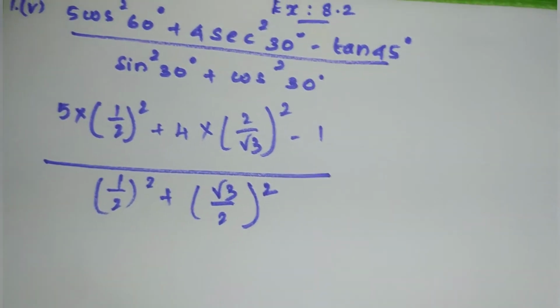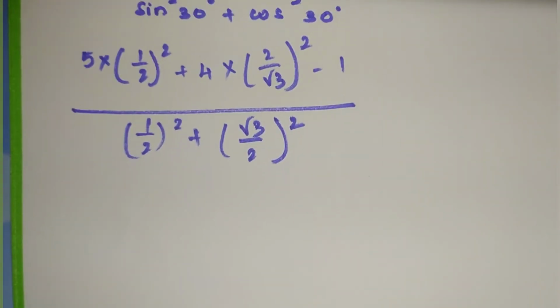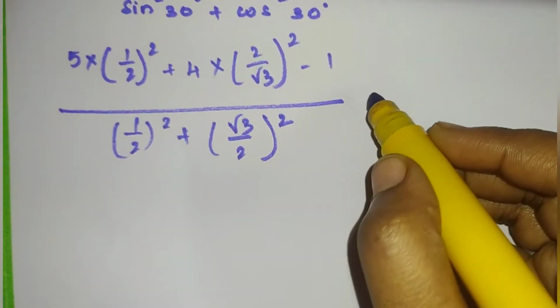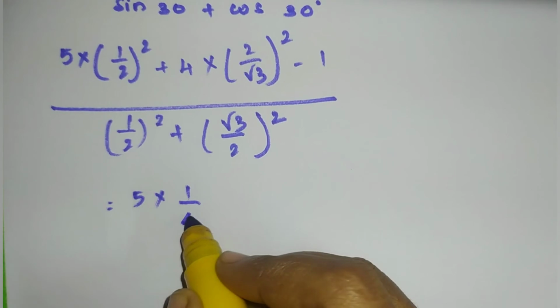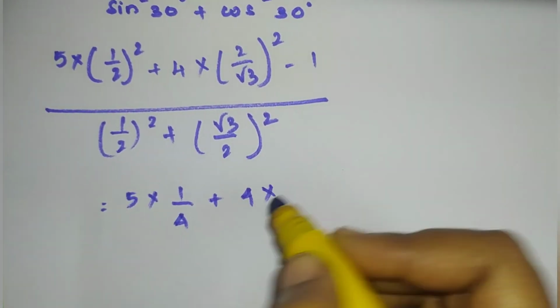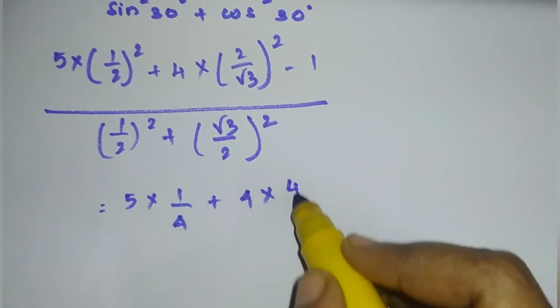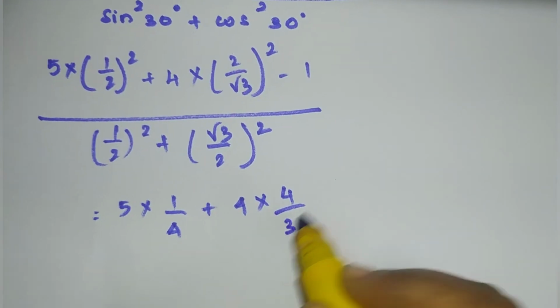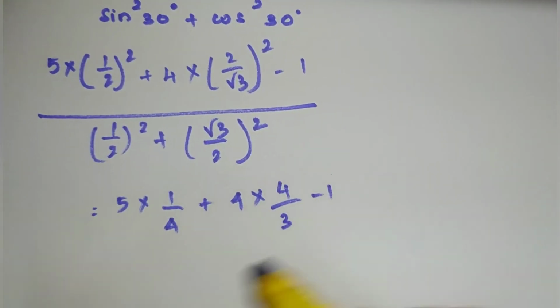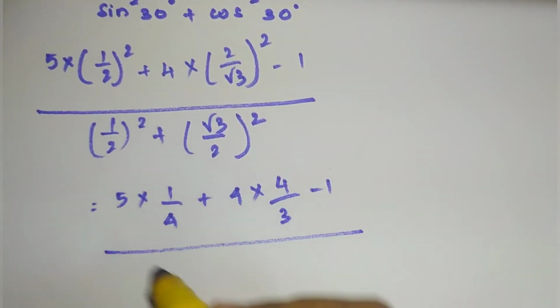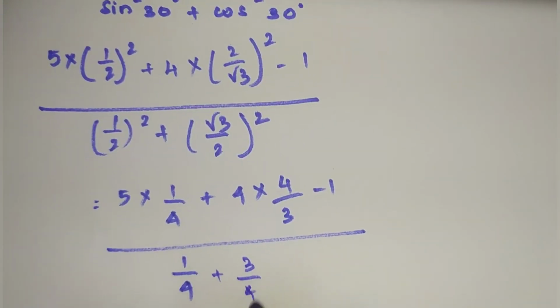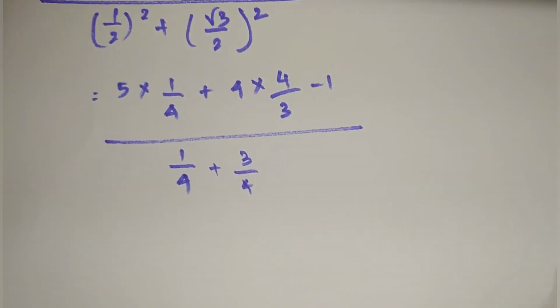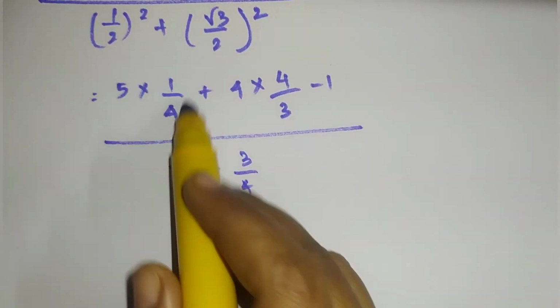First write the values and then simplify. First square this one. 5 into 1 by 4 plus 4 into 4 by 3 minus 1, and then 1 by 4 plus 3 by 4. Simplify this one.